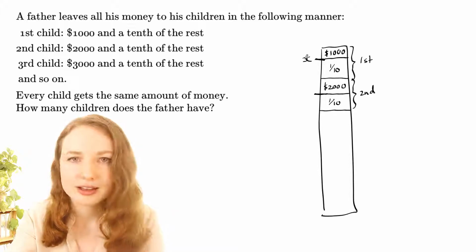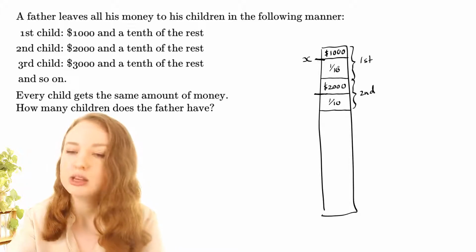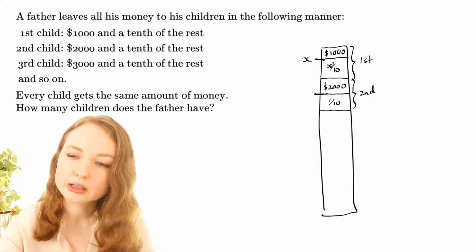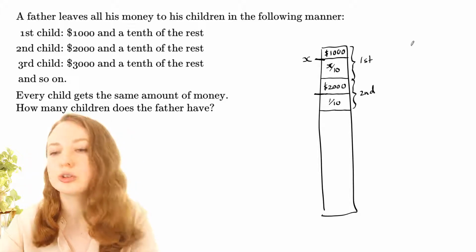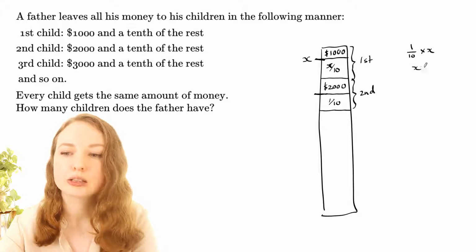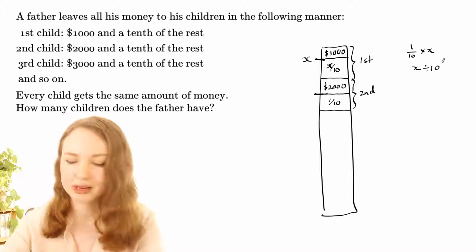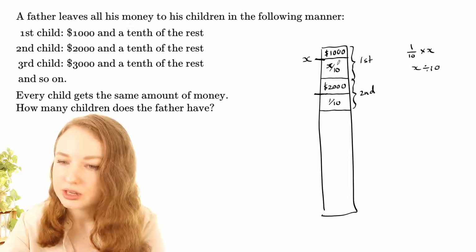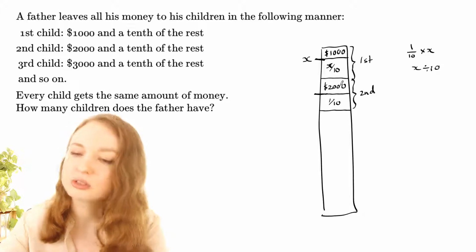So if that's x, and this is a tenth of that amount, this is actually x divided by 10. So I'll just write that in. So that's x over 10. You could also say something like it's 1 over 10 times x, or x divided by 10. Those are all the same thing. Okay, so that's x over 10, that's 2,000.